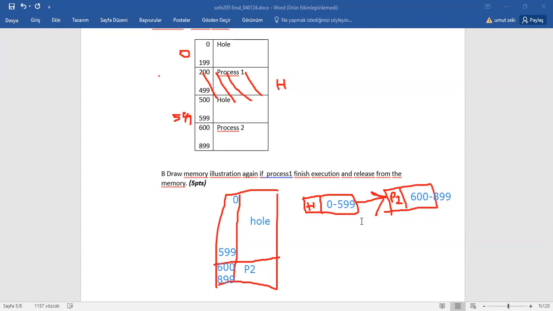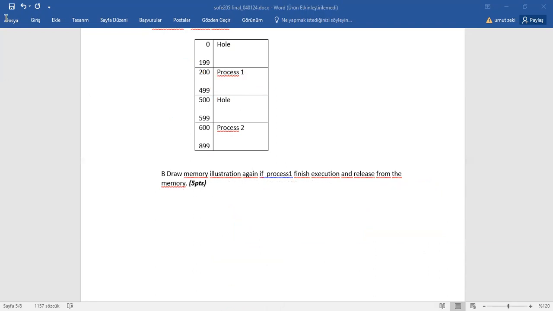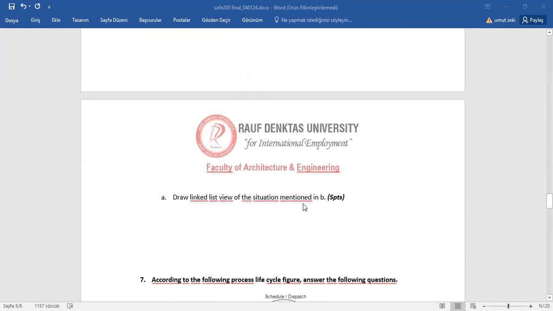So this is the linked list view. This is the memory illustration. This part is the answer of part C.